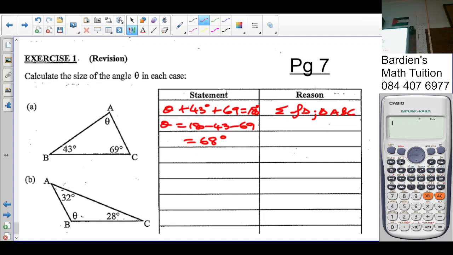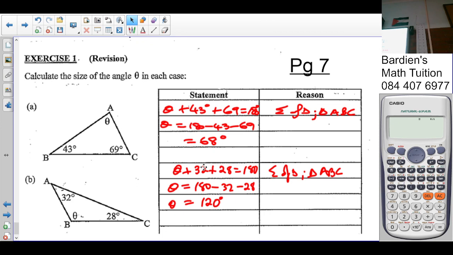Let's look at the next one. Here, theta plus 32 plus 28 is equal to 180. Why? Sum of angles of a triangle. This triangle ABC. So theta is equal to 180 minus 32 minus 28, which is? So any confusion here, people? You will understand.